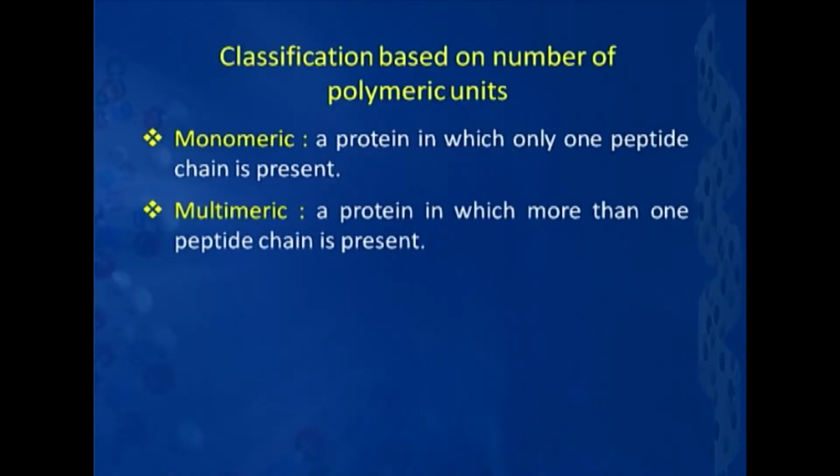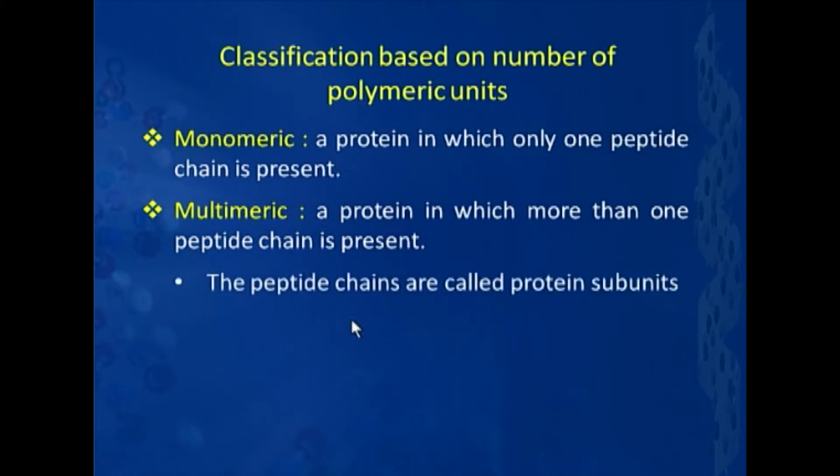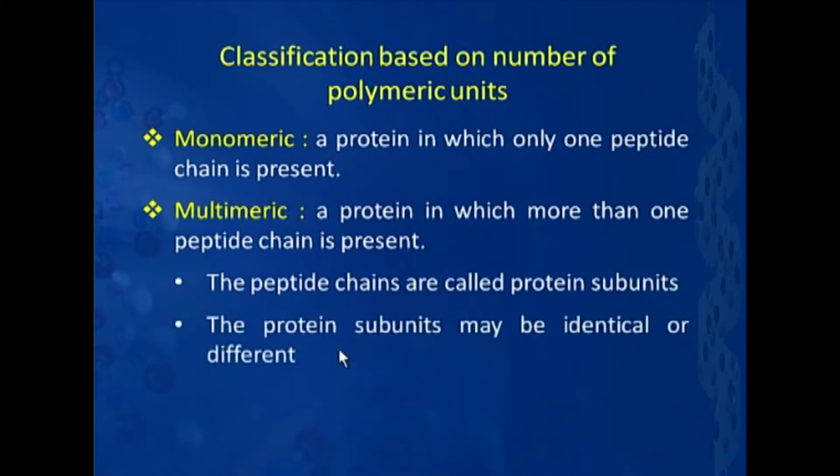The second class is multimeric. Obviously, a multimeric protein is one in which more than one peptide chain is present. In such cases, the peptide chains which constitute the protein as a whole are referred to as protein subunits, and these subunits may be identical or different. Hemoglobin is a multimeric protein with 4 subunits, 2 of one kind and 2 of another kind.